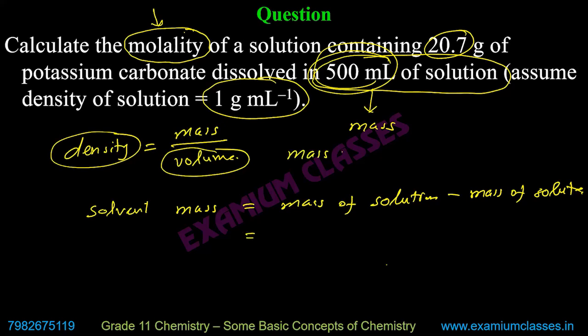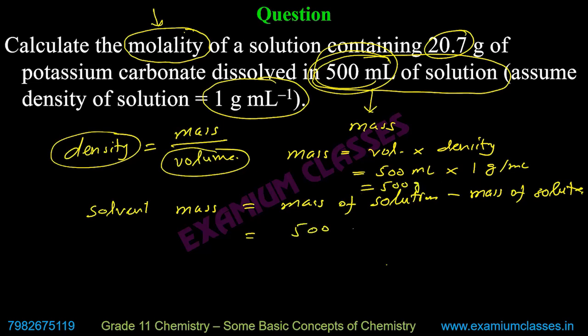Mass here will be volume into density, that is 500 milliliters into 1 gram per milliliter, that is 500 grams. So mass of solution 500 grams minus mass of solute 20.7 grams is 479.3 grams. This is the mass of solvent which you will use in the formula.